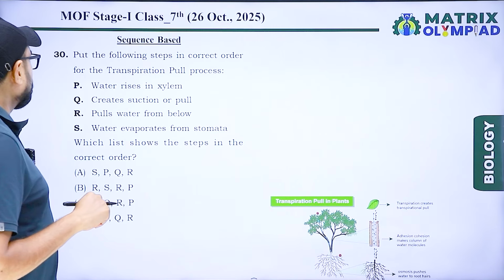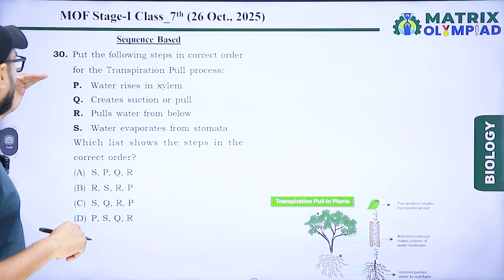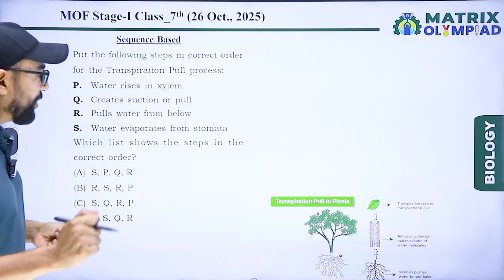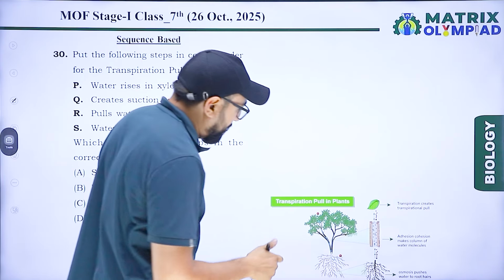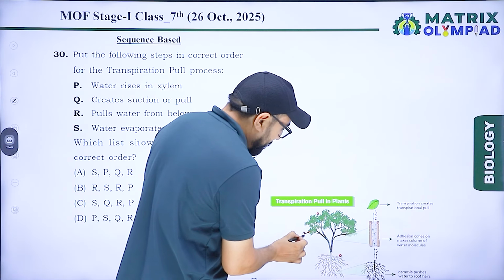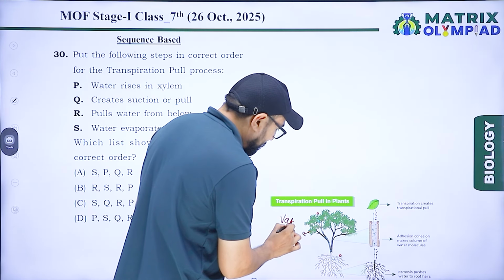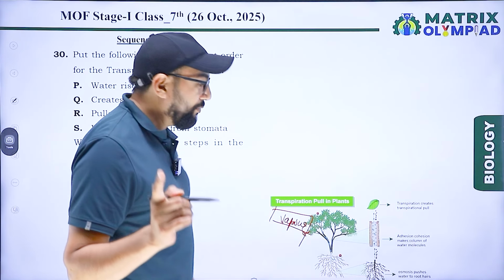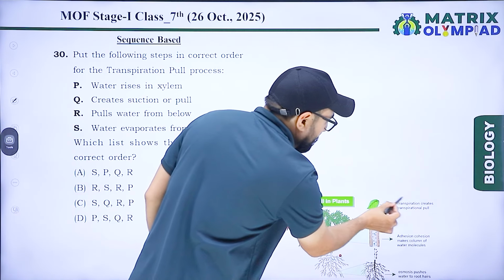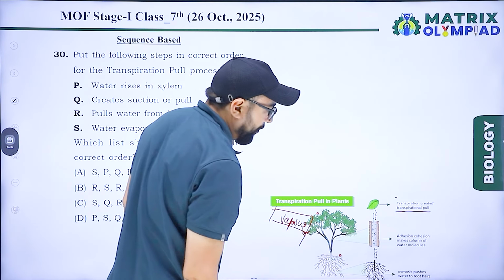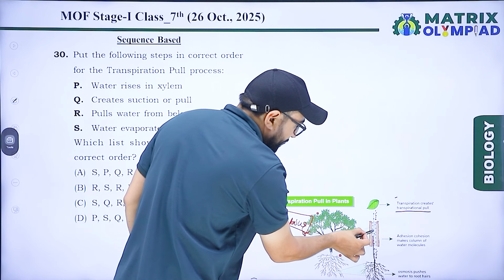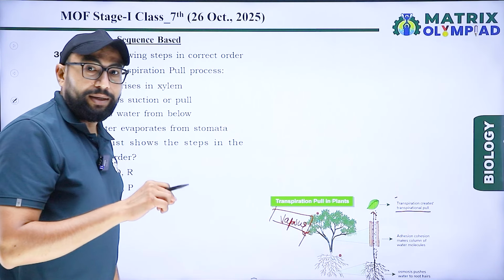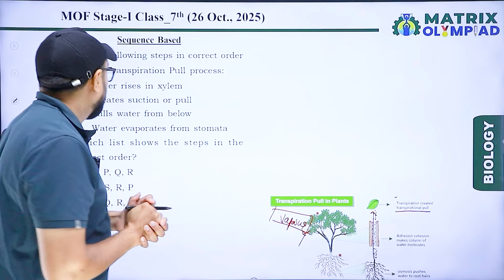Next, sequence. Put the following steps in the correct order for transpiration pull. Transpiration is a process in which water is lost in the form of vapor. Transpiration creates transpiration pull, during which water is transported in the transport system.